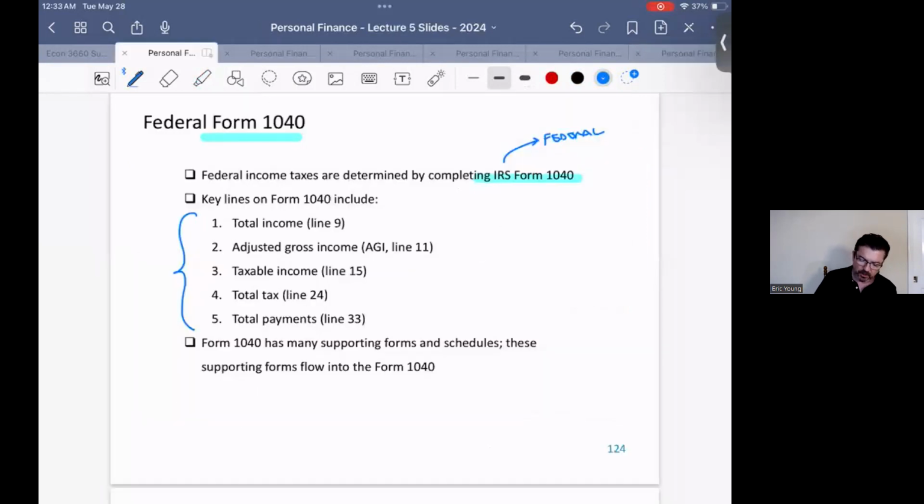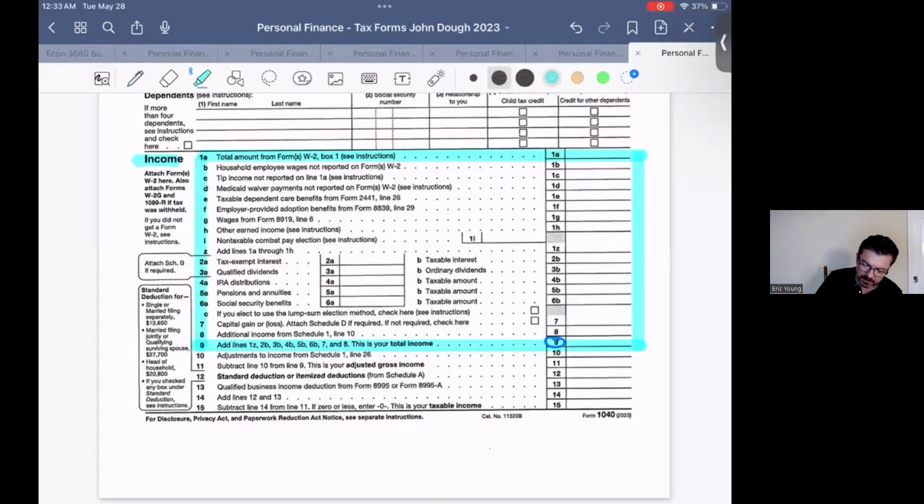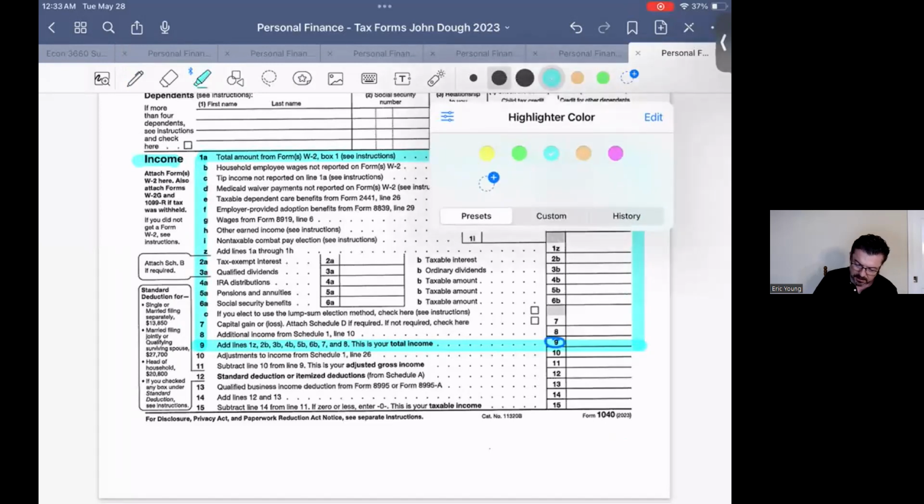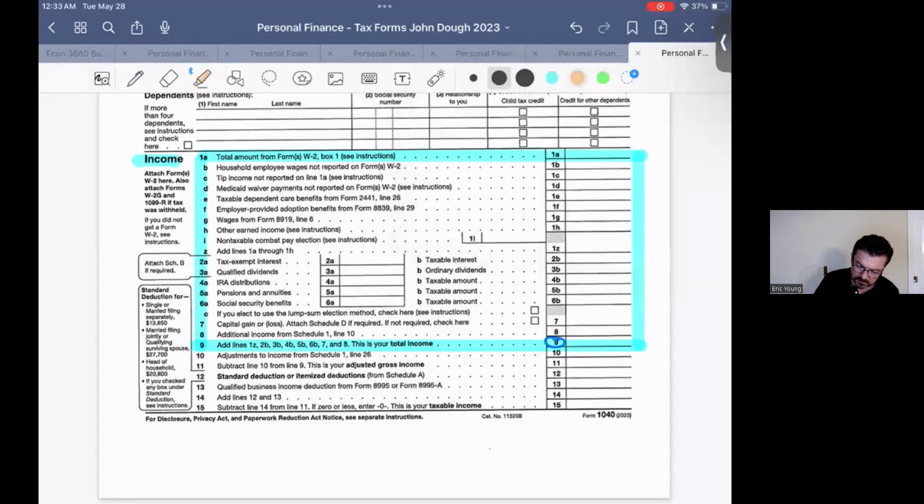The second most important one is your adjusted gross income on line 11. So let's go and look here. Your adjusted gross income is on line 11. Here's the thing you have to understand.